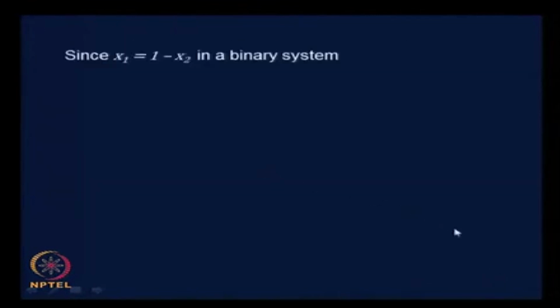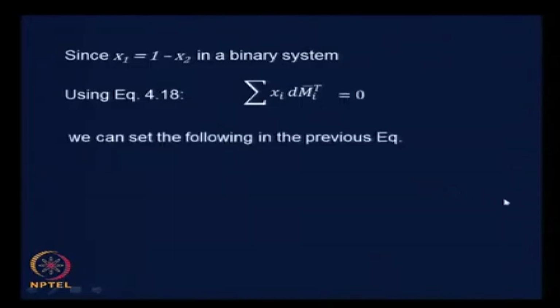and since x1 equals 1 minus x2 in a binary system, we have already seen from equation 1.8 sum over xi dmi t hash equals 0, and therefore, what do you get?